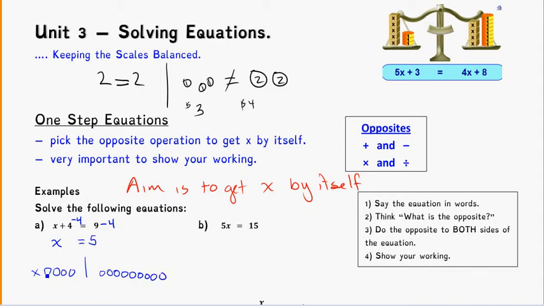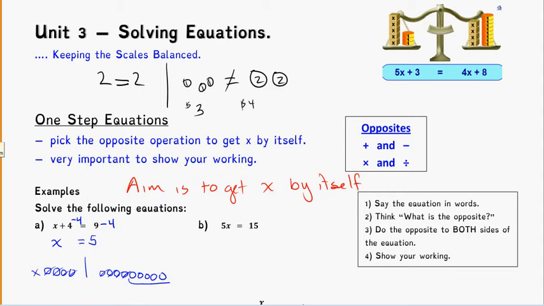And if I take 4 off of here, and I take 4 off of here, I've done the same thing to both sides of the equation, and I've got 5 left. So that's basically what we're trying to show. How do I move to get x totally by itself? One way I can do that is by canceling out the plus 4 by using the opposite, which is minus 4, so that makes it go away.